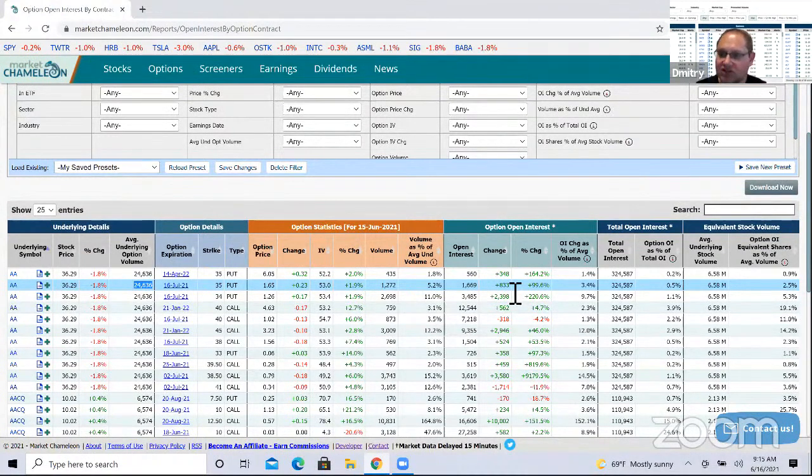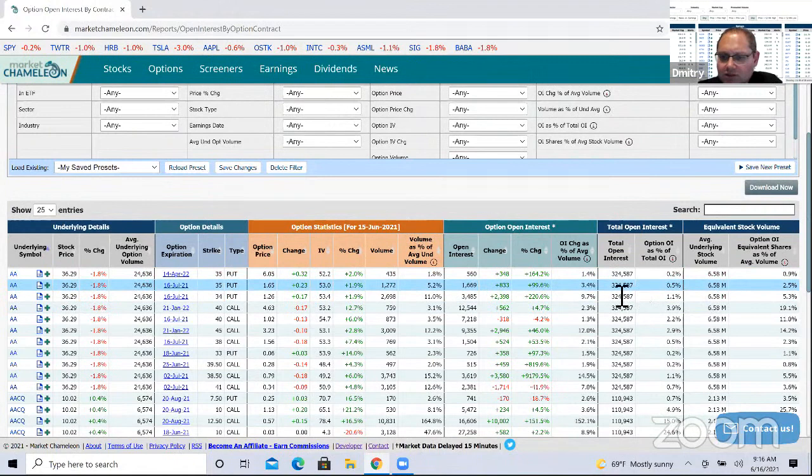So that would be a pretty significant change in open interest. Think of it, if you had to get out of it, that's more than twice the average option volume per day, and you have it only in one option contract. So that's one benchmark: the amount that it went up, as a percentage of average daily option volume.